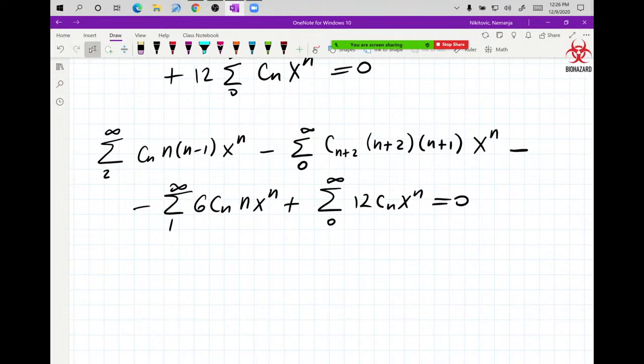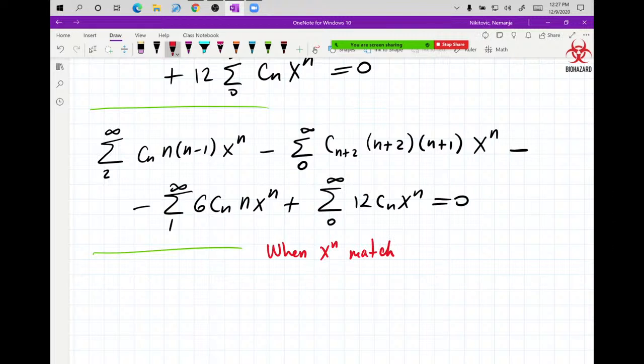Let me separate the steps again, and I'm going to write this in blood. When x to the n matches in all terms, peel, do not shift.